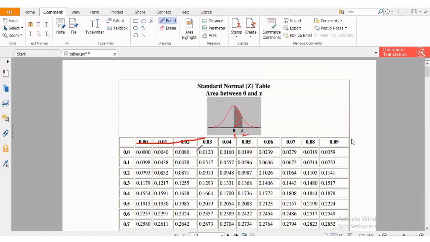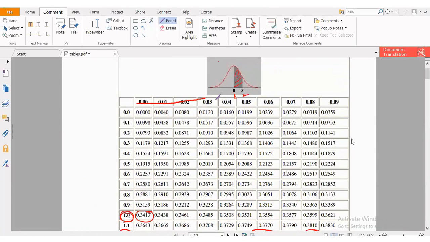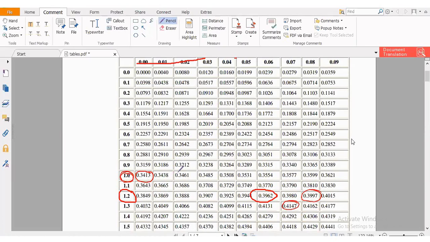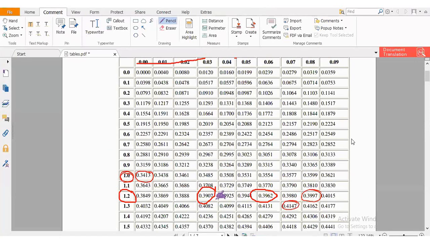And the rest of the value you see here. If I add 0.03 to 1.2, that becomes 1.23. Where they are intersecting, that area will be 0.3907. So 39% is the area between 0 to 1.23.